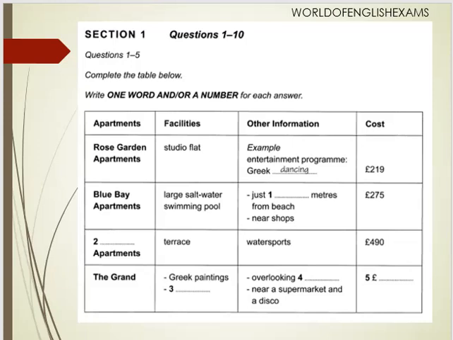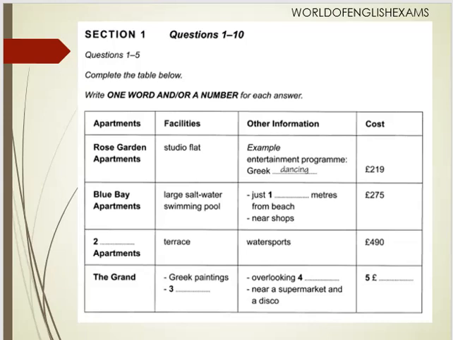So here meters is a unit of measurement which indicates that the answer has to be in the numerical format. Let's say just 50 meters, just 100 meters, just 200 meters, something like that. Then just dash meters from the beach and near to the shops, and the cost is £275.